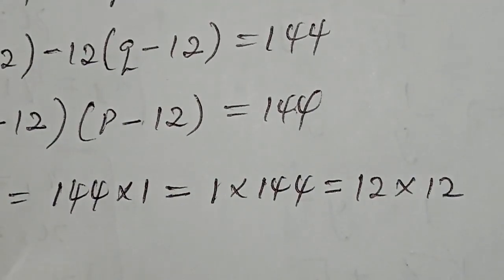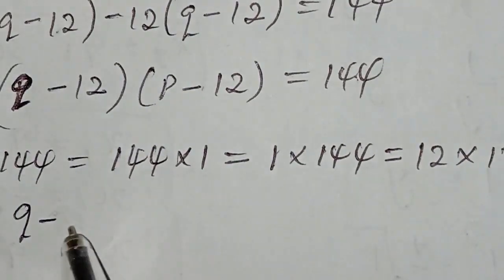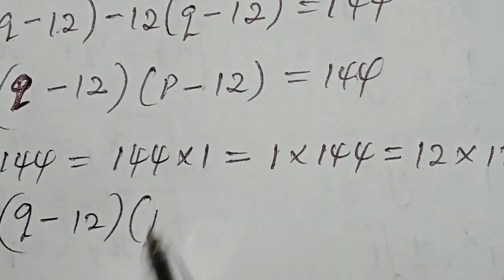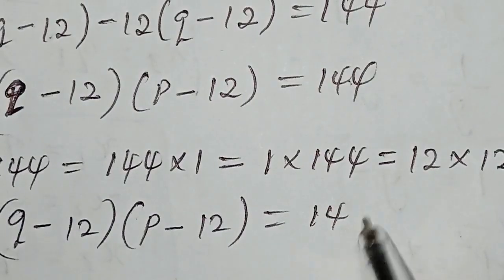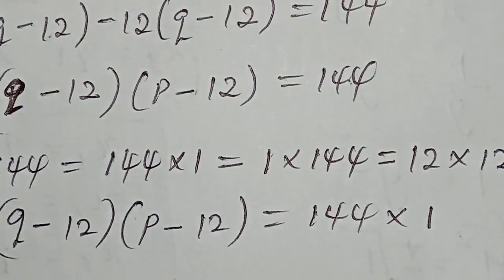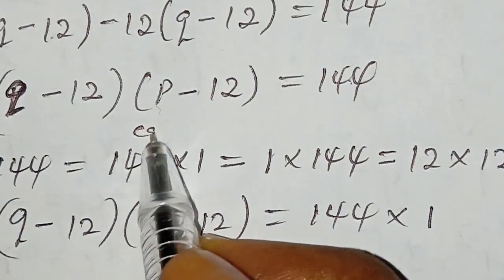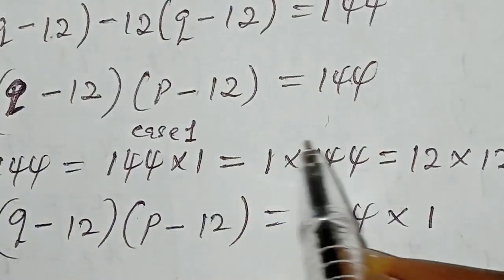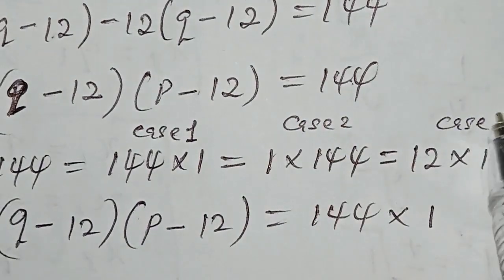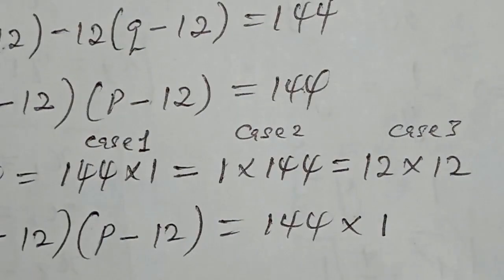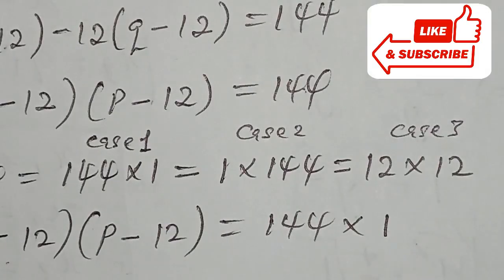So we have Q minus 12 into bracket P minus 12 equal to 144 multiplied by 1. Here we are going to consider this as case 1, case 2, and case 3. We treat this first, equating this with this to get the values of P and Q.